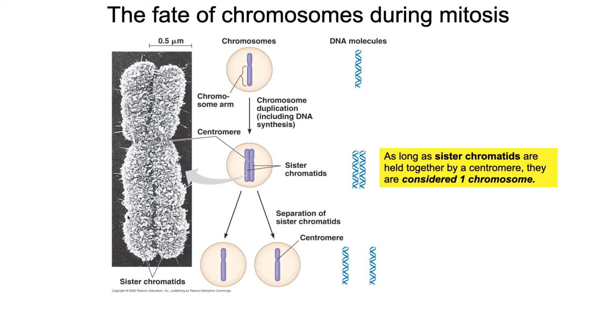Now, as soon as the 2 sister chromatids separate as a result of mitosis, then each one of the sister chromatids, since they are no longer connected to one another by a centromere, they are now considered 2 separate chromosomes. So make sure that you understand the terminology here.